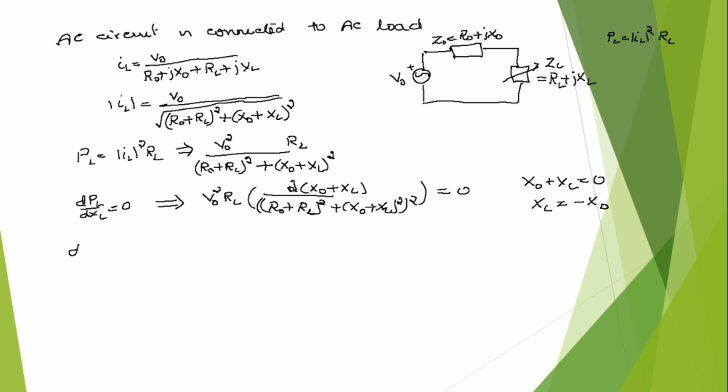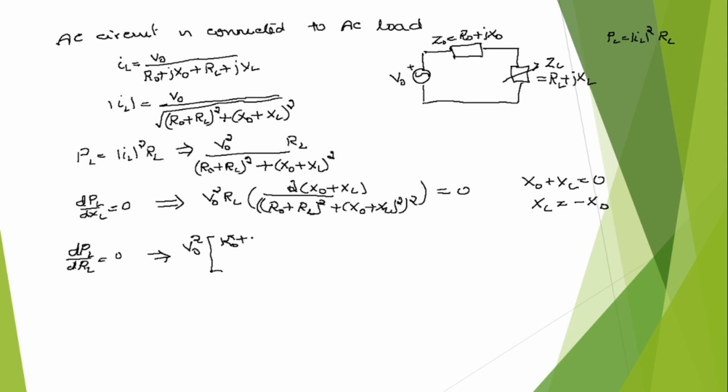Now to find the resistive load, dPL by dRL equal to 0. V0 square only acts as a constant, with the same concept.